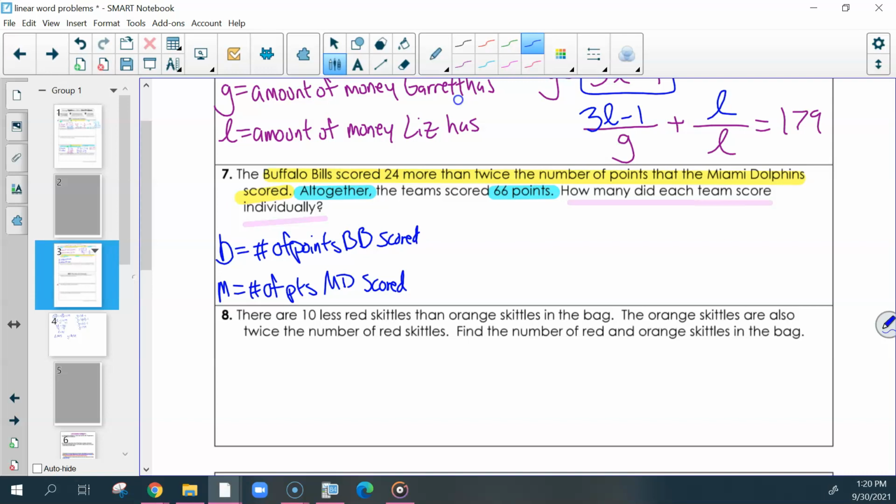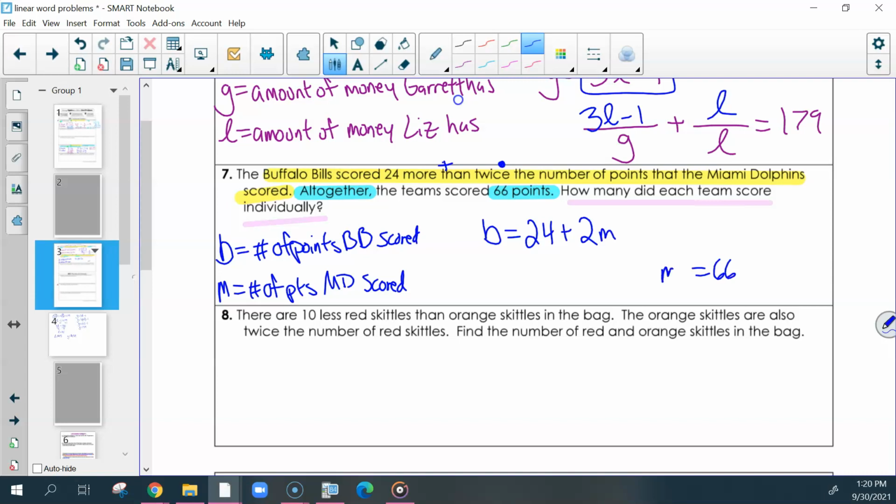What we know about the Buffalo Bills, they scored 24 more than is adding, twice, we're going to multiply the number of points Miami Dolphins scored. So B equals 24 plus 2 times however many points the Miami Dolphins scored. We don't know that, so I'm going to just put M. We also know that together they scored 66 points.